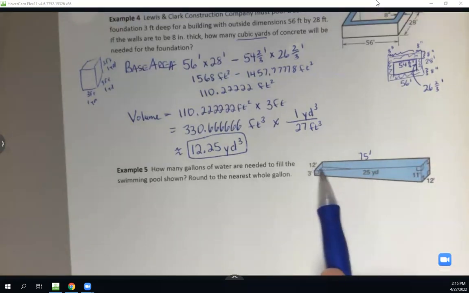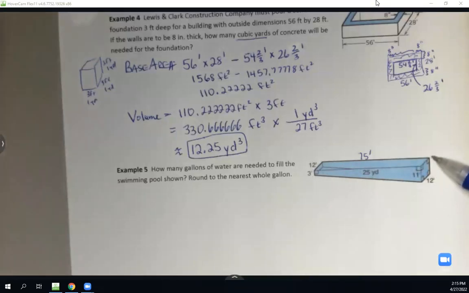So if I can find the area of the trapezoid, and then multiply that by the altitude, which will be 12, that'll be the height, so to speak, if it was laying normally. If it was standing up, like most of the figures we think of when we look at the formula, you'd have the trapezoid at the bottom and the top, and then the altitude would be 12 feet. Does that make sense?